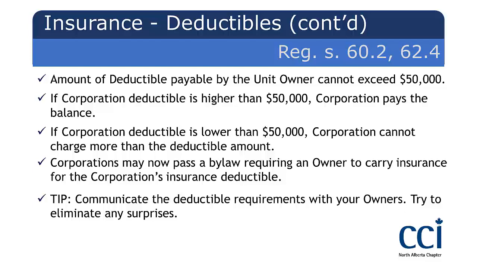So if the deductible is only $25,000, that's the maximum amount they can go after you for. And if the deductible is greater than $50,000, then the corporation will make up the rest. So if the deductible is $100,000, they can go after an owner for $50,000, and then the corporation will be responsible for the other $50,000.